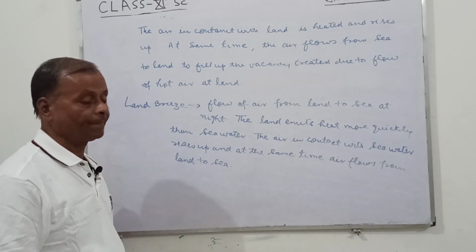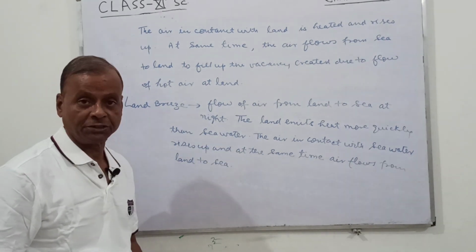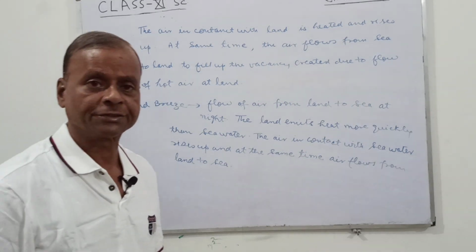So this is what the land breeze is. So these are the good examples of natural convection.